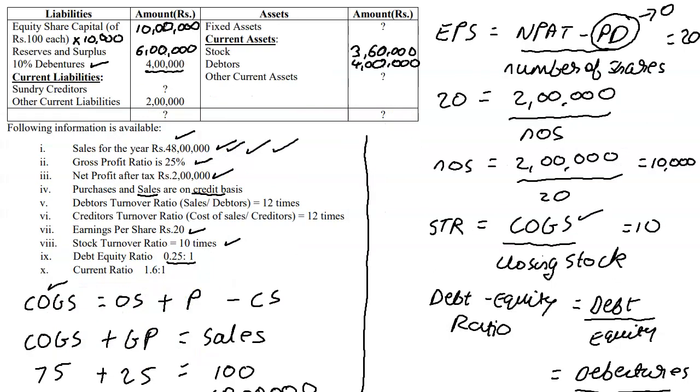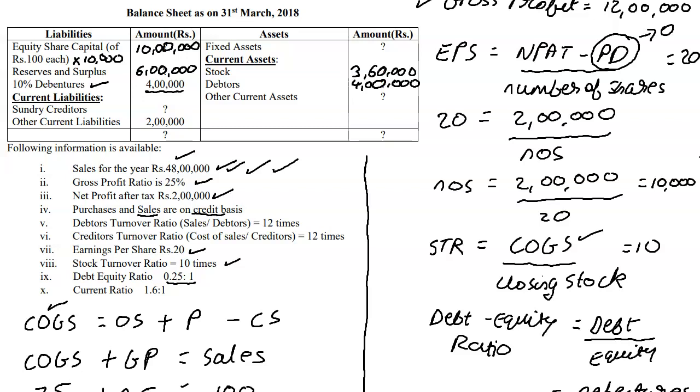Now, as far as this formula is concerned, I have data for closing stock. Normally, when you consider the formula for creditors turnover ratio, it's supposed to be purchases upon creditors.